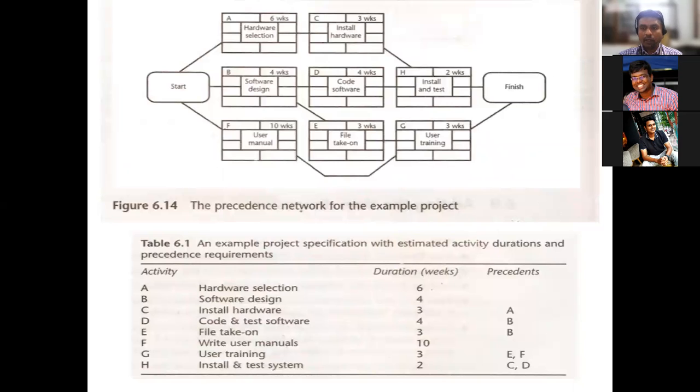They also specify the constraints. For example, hardware selection is going to be the first activity and software design the second. When you want to start installing hardware, only if the hardware is selected can you go for installing it. That is the constraint. Similarly, for each and every activity there will be a constraint, and they identify it and give it.